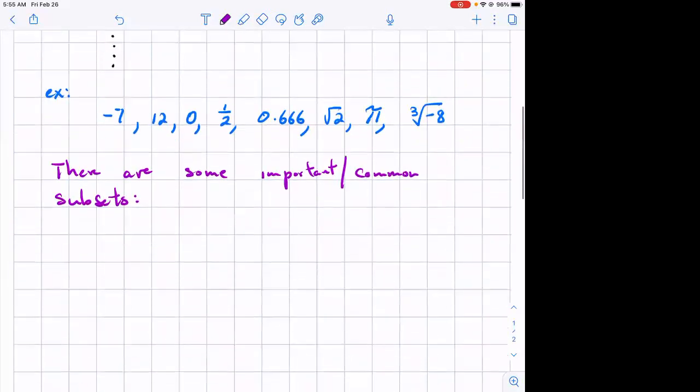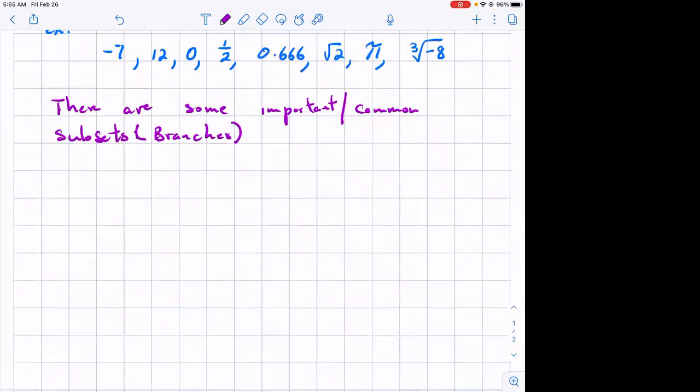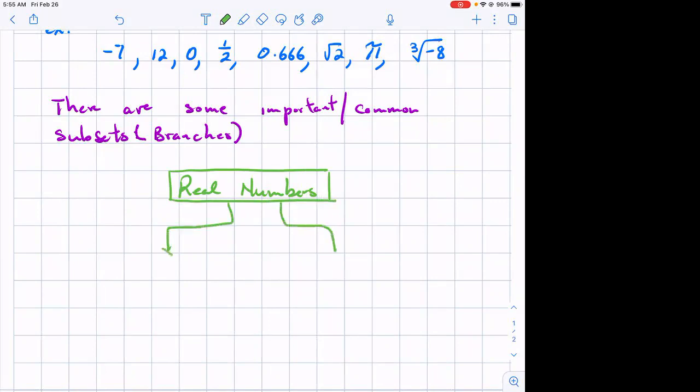So just to give you a sense of what's happening, we have real numbers. This is like the head of all. And then we have branches that go down. And from these two branches, we have many more other branches.